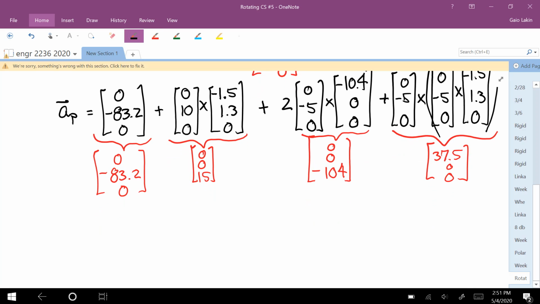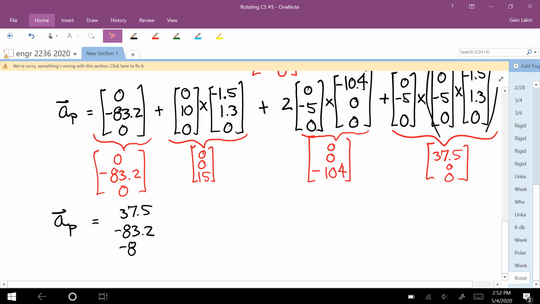Okay, so what we get for a final answer for the acceleration of p is 37.5 for x, negative 83.2 for y, and negative 89 for z. These are all SI units, so this is meters per second squared.